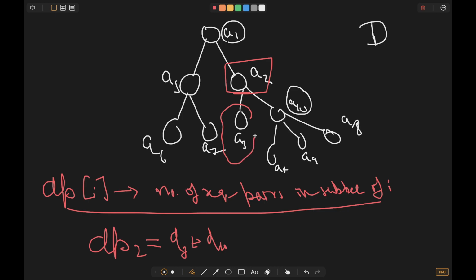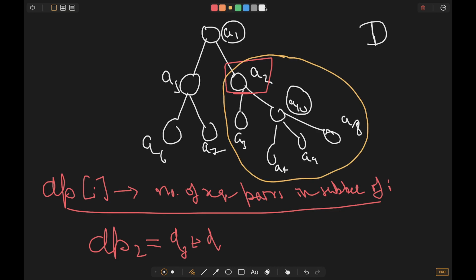So we see how many are in this individual subtree and in this individual subtree, and now we want to see how many vertex pairs in this subtree go through A2. So maybe one is like this, maybe one is just simply this much, and one is maybe like this.